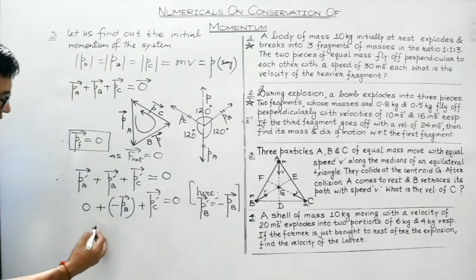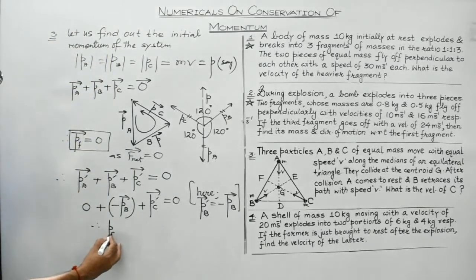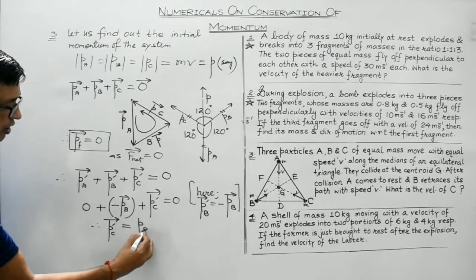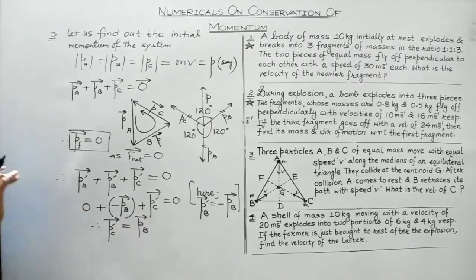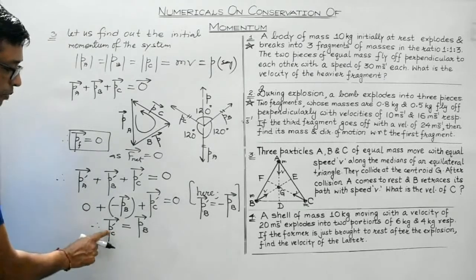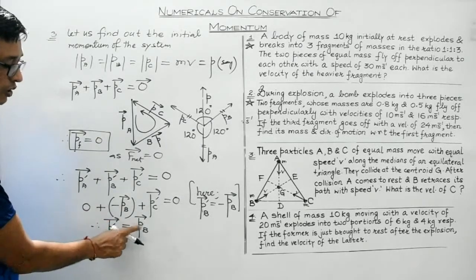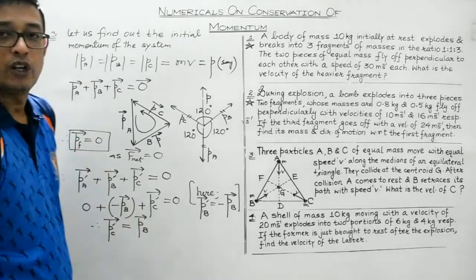So therefore students, final momentum of body C must be equal to initial momentum of body B. Am I clear? Final momentum of body C must be equal to the initial momentum of body B.